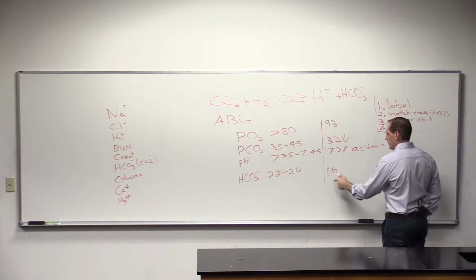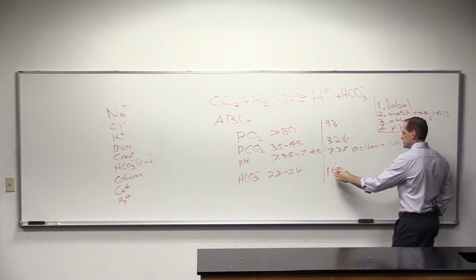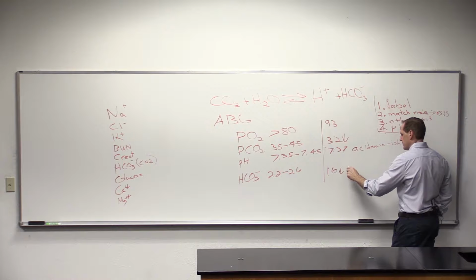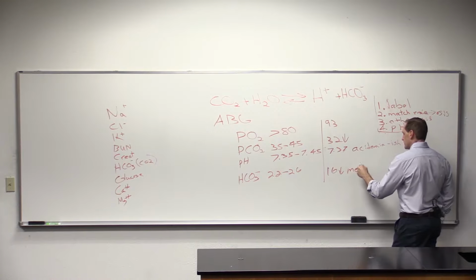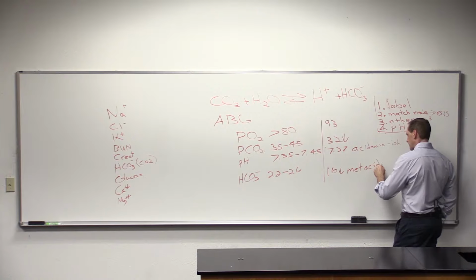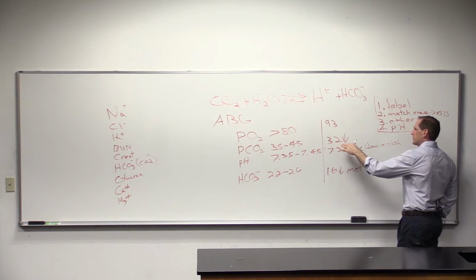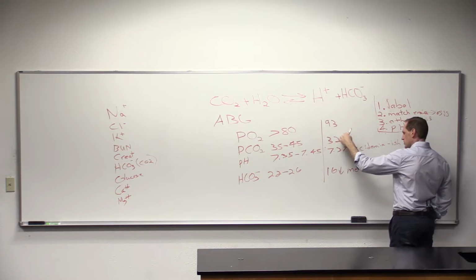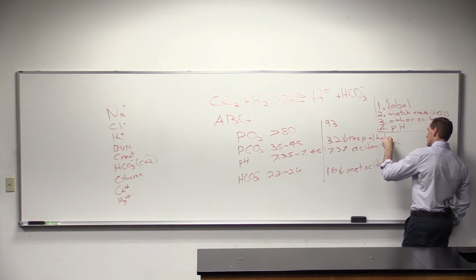And then the bicarb level is 16, which is low. Low bicarb, low base. That means we're metabolic acidosis. Carbon dioxide was low. Carbon dioxide is an acid, so low acid. That means we've got respiratory alkalosis.